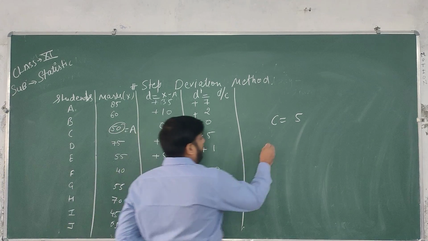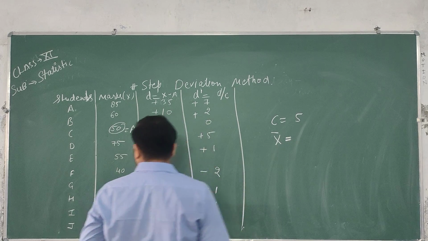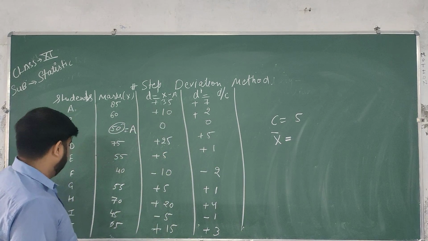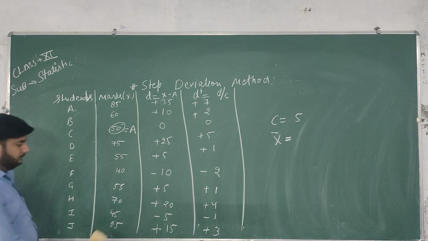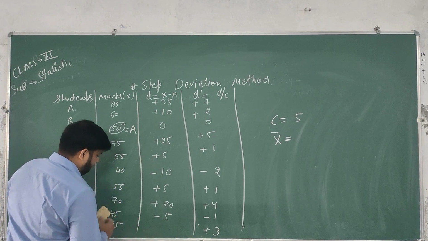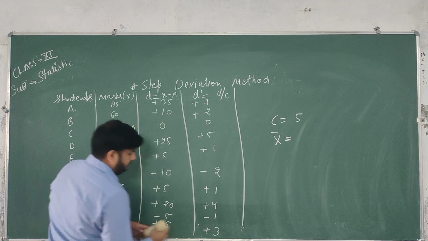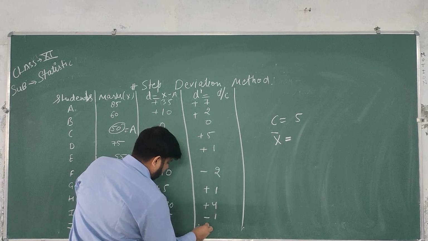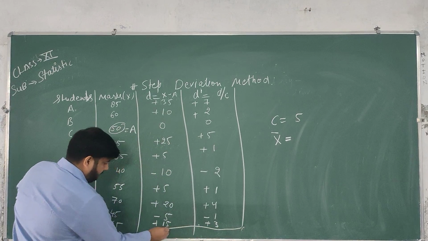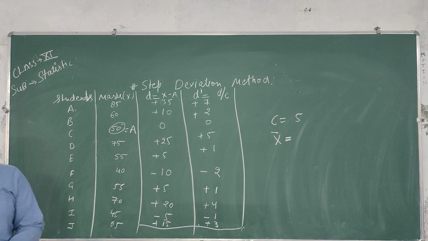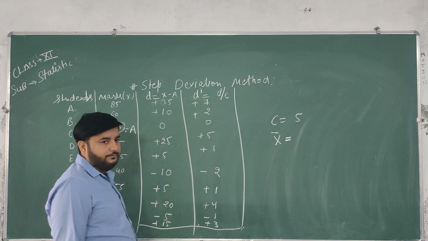So according to the formula, what is the formula of calculating mean by the step deviation method?